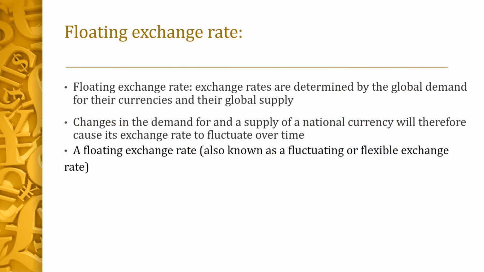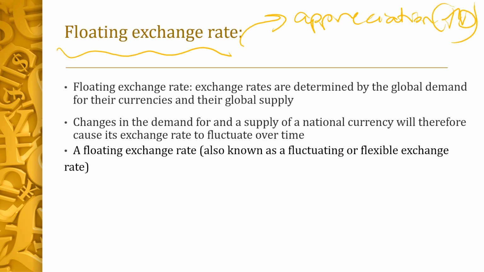Now I have to define something called a floating exchange rate. I could be talking about appreciation of a currency, where there is an increase of demand for that particular currency, or about a depreciation of a currency, which means there is an increase in supply of it.